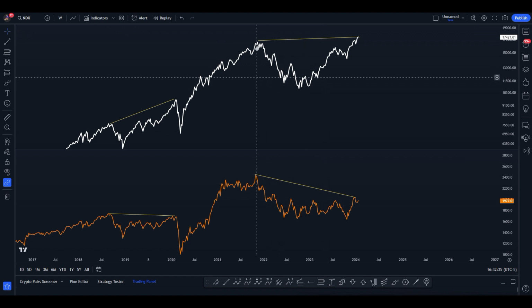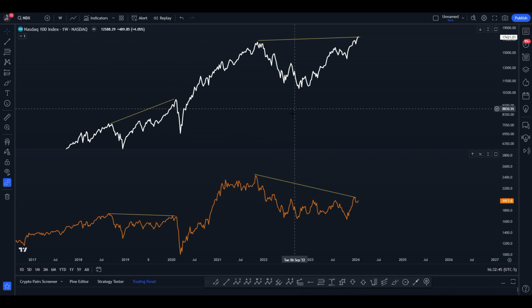And on the bottom is the broad market, the Russell 2000, in orange, on a weekly closing basis. What we have here since the prior high and up till now is the NASDAQ 100, comprised of half those seven stocks, making a new high.